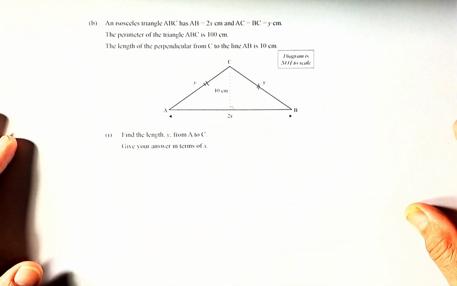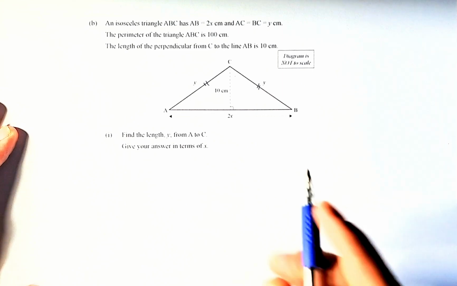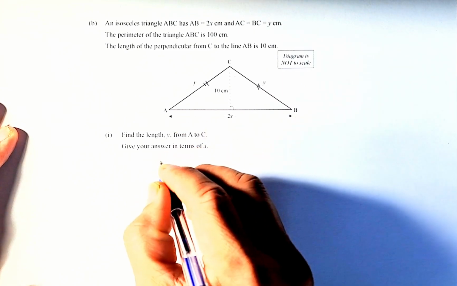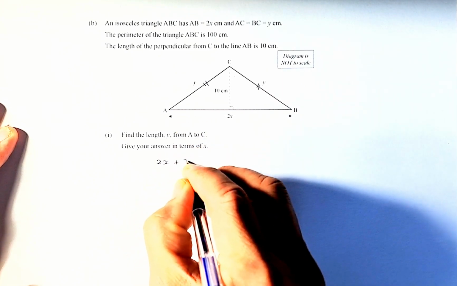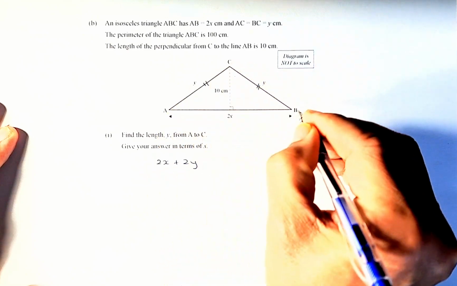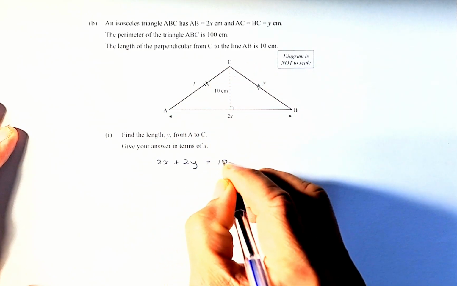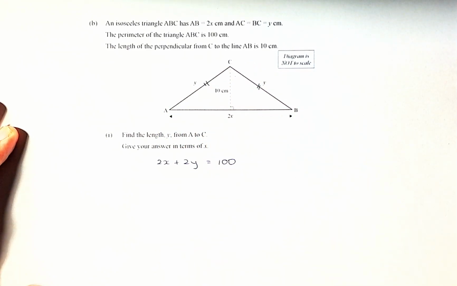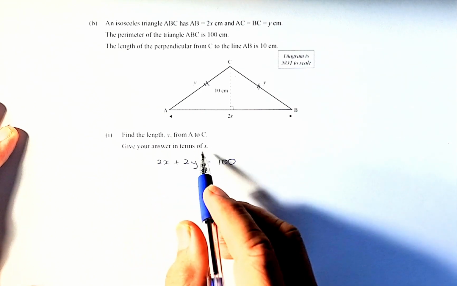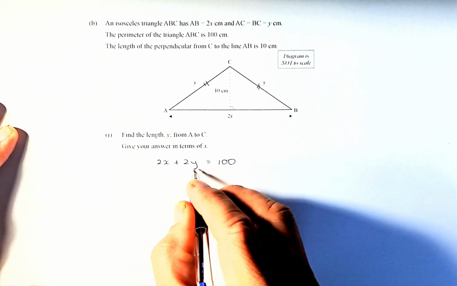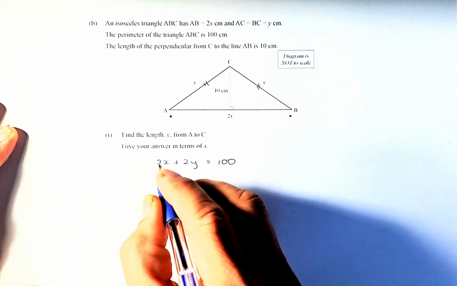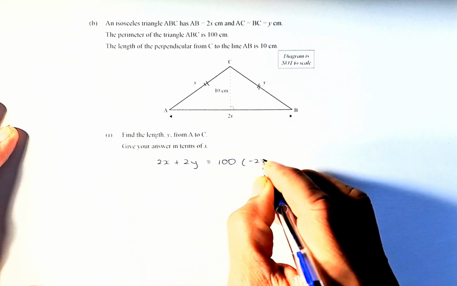So y is quite straightforward. We know that 2x, the length here, plus 2y, because y plus y is 2y, is equal to 100 because the perimeter is going to be 100. So we're going to find y in terms of x. We put the y on the left hand side and x on the right hand side, so we minus 2x on both sides of the equation.